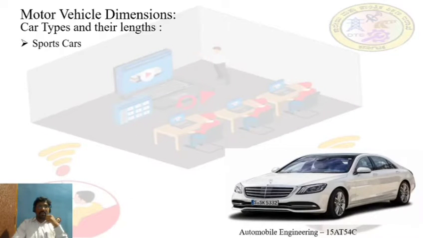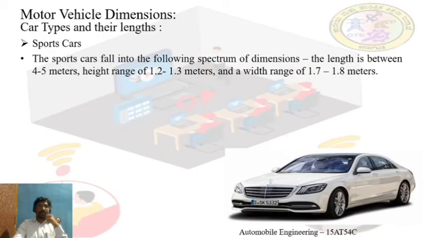The next type of car is a sports car. As you observe from the name, a sporty look is given, and a sporty kind of performance has been incorporated in this particular vehicle. These sports cars fall into the following range.